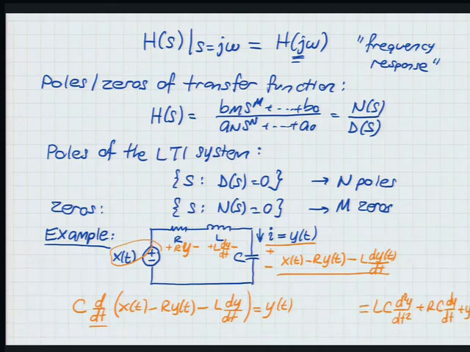I moved all the y-containing terms to the right-hand side and paired them with the other y term. The term that remains on the left is C times dx/dt. So what is the transfer function?